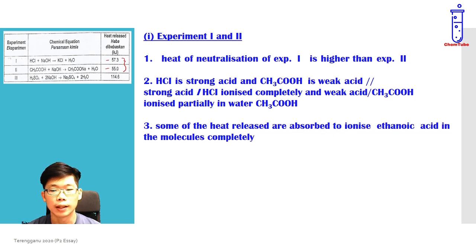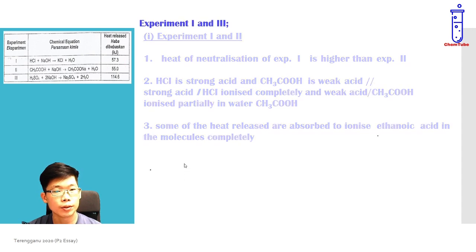The ethanoic acid molecules need to ionize completely, so some heat during the neutralization is absorbed by the ethanoic acid molecules to ionize completely. That is why the heat of neutralization for the weak acid is lower.